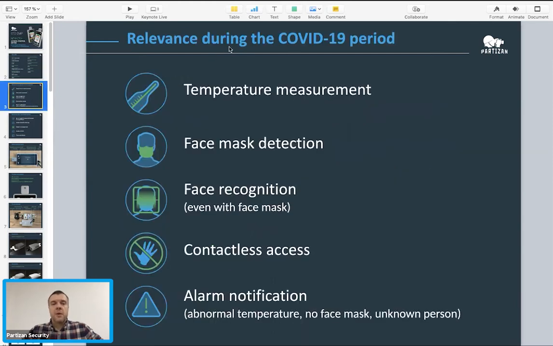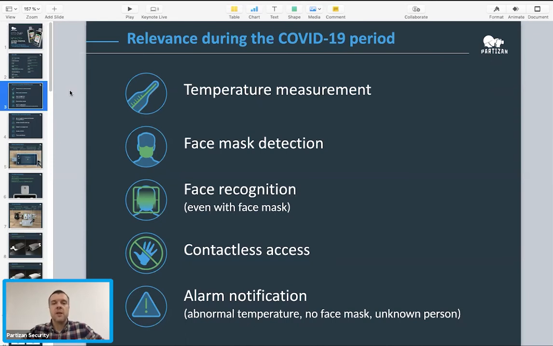Now, about the best uses of this device and what it can do. First of all is temperature measurement, which is quite important in these COVID times. But not only that, because you can also detect face masks. In some cases, you need to detect whether people are wearing a face mask, or whether there is a stranger or visitor without one, and you can detect it quite easily.